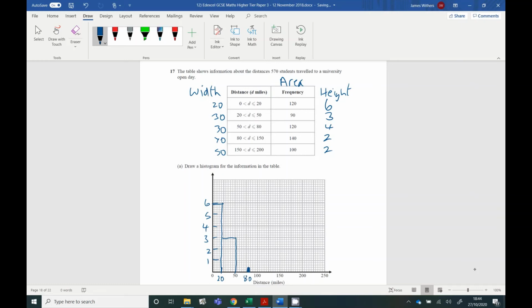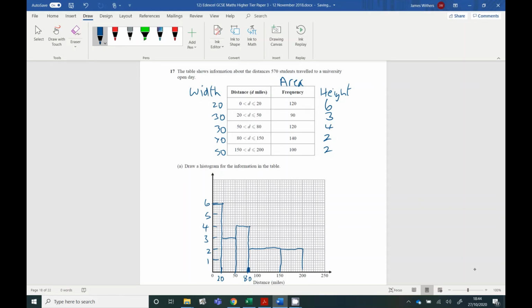So for 50 to 80 we need a height of 4. And then 80 to 150 we have a height of 2. And then 150 to 200 we also have a height of 2. So please make sure you do yours with a ruler.